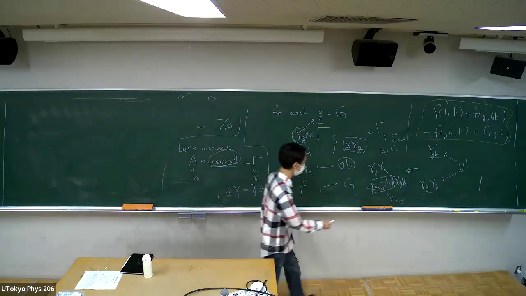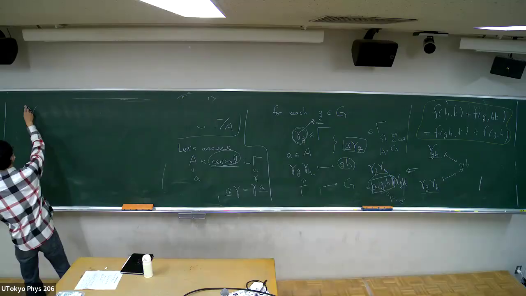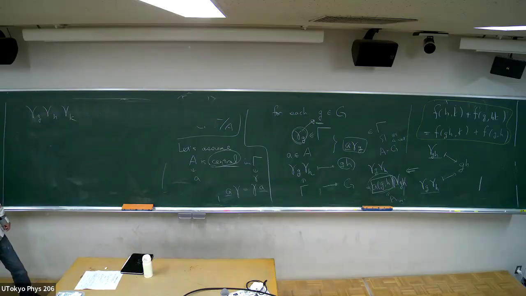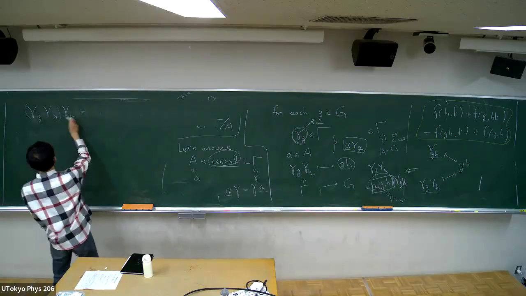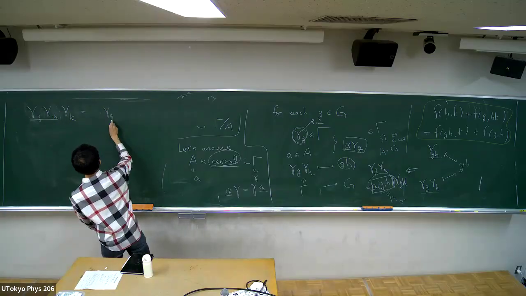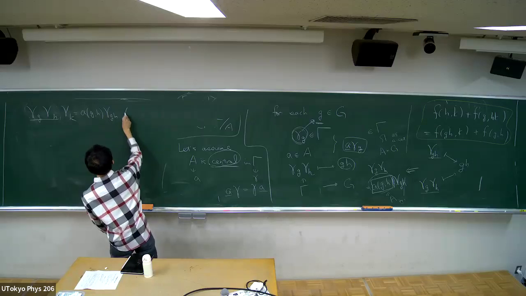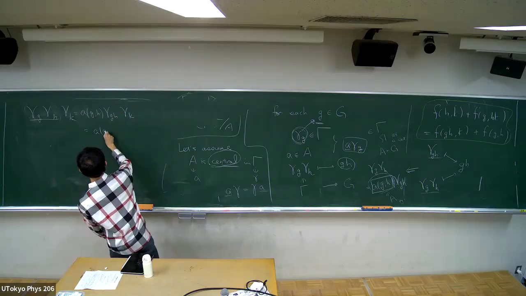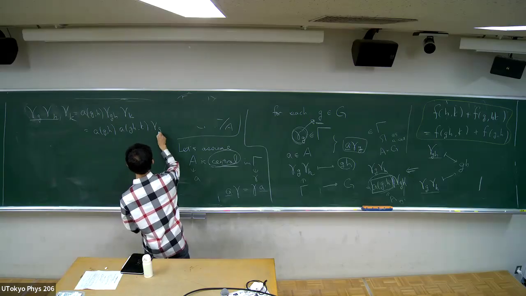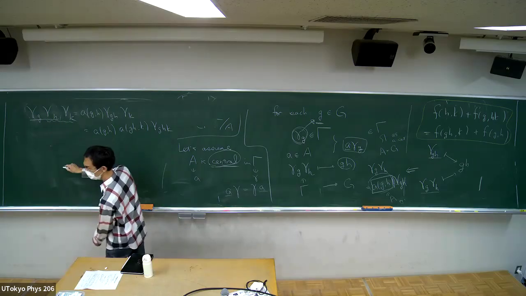Let's study what's the condition we have for this a(g,h). For this purpose, let's consider the triple product, gamma_g, gamma_h, gamma_k. First, we can combine the first two elements, giving rise to a(g,h) gamma_gh gamma_k. And this is a(g,h) a(gh,k) gamma_ghk. So this is one way of computation. But you can first combine h and k.